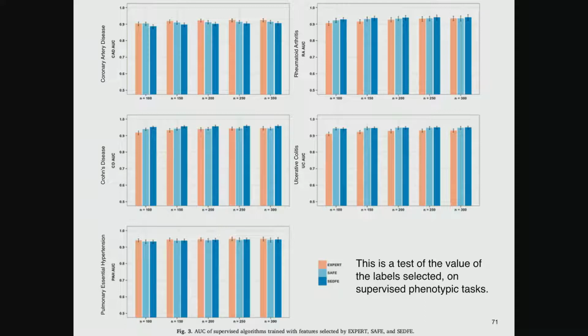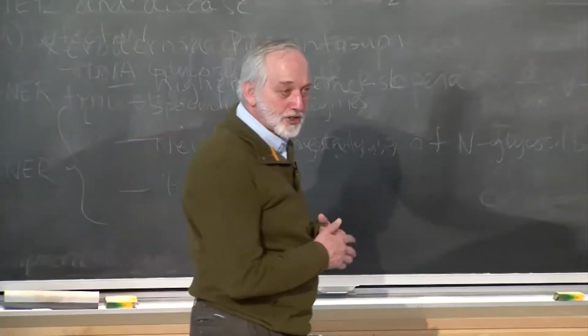But what you're seeing is that the orange lines are based on the expert curated features. This is based on sort of an earlier version of trying to do this, and SEDFA is the technique that I've just described. And what you see is that the automatic techniques for many of these phenotypes are just about as good as the manually curated ones. And of course, they require much less manual curation because they're using this automatic learning approach.